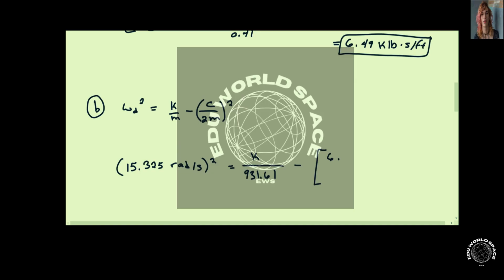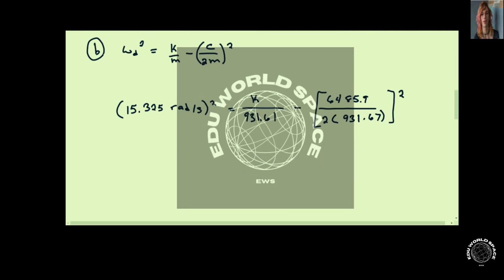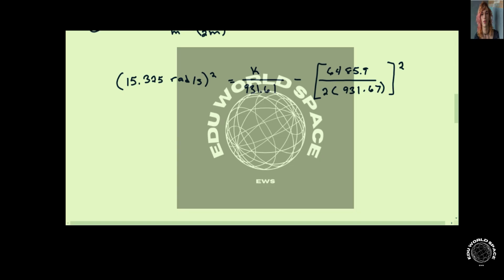Let's just do this the long way. And we have 234.856 equals k over 931.61.